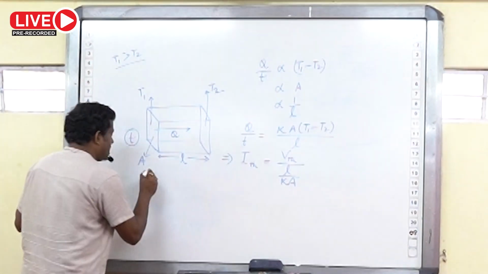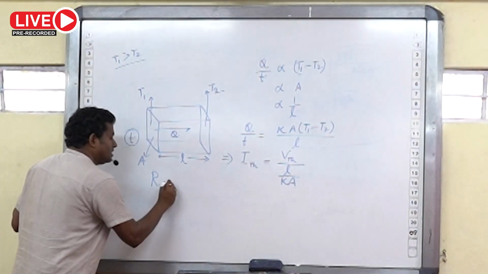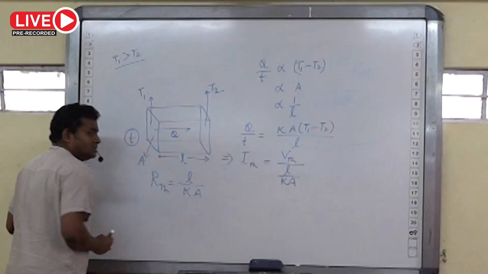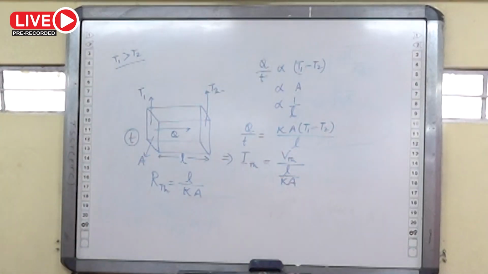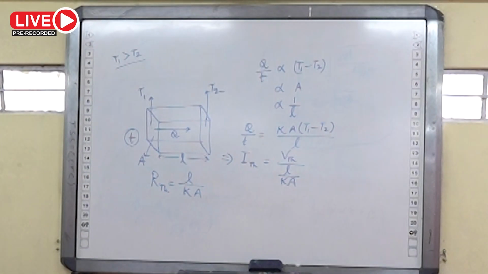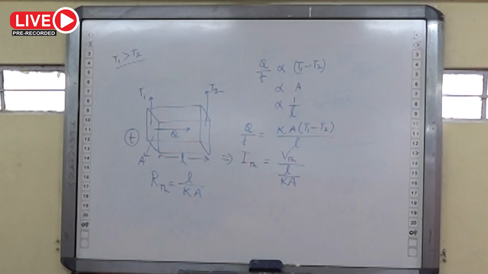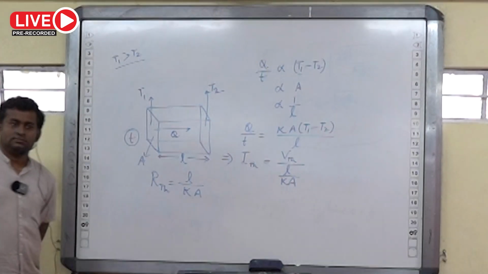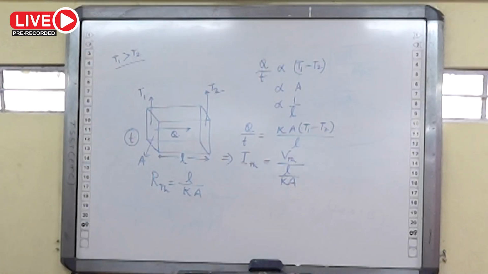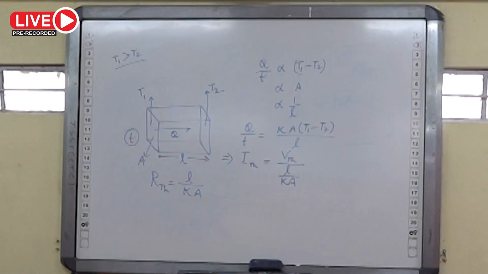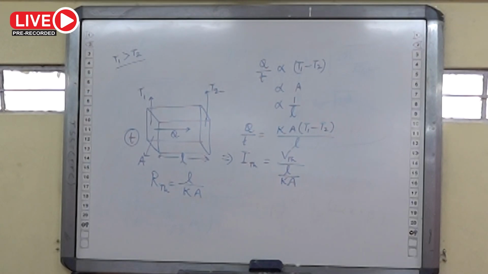So R thermal is equal to L by KA, where K is the thermal conductivity of the material.